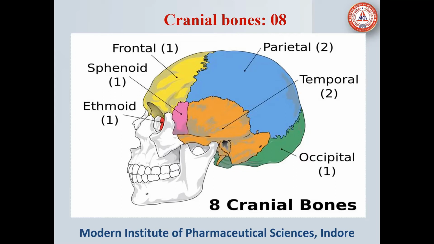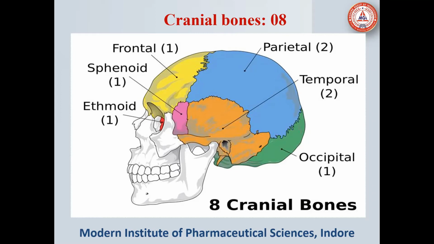This is the bone of the forehead. It forms part of the orbital cavity and the prominent ridges above the eye, the supraorbital margin.